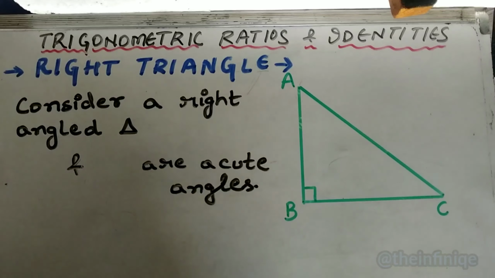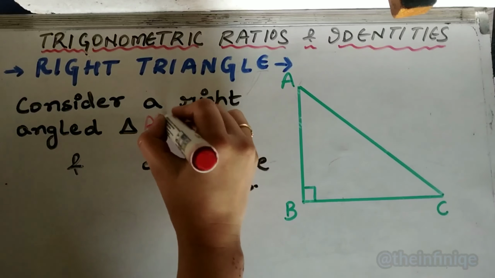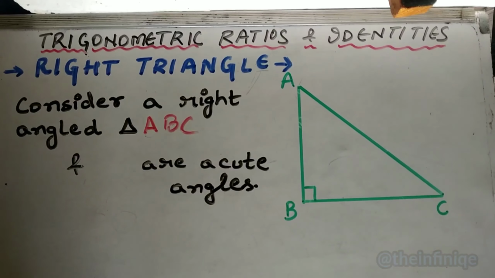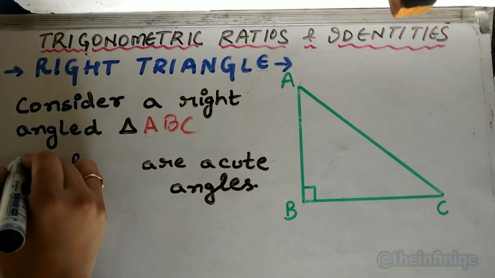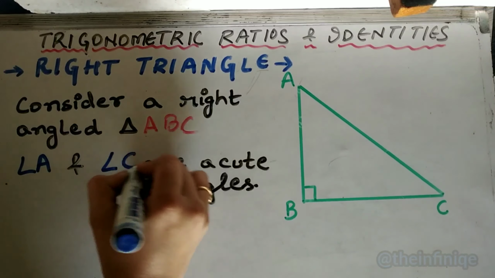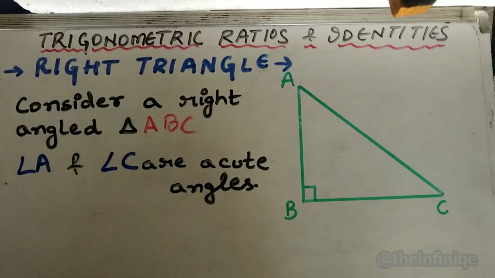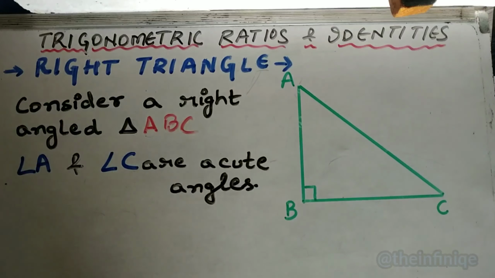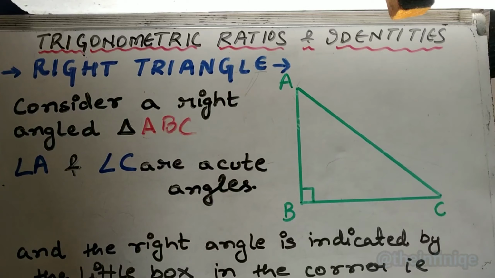Consider a right angle triangle ABC, where angle A and angle C are the acute angles, and acute angles are those angles which are less than 90 degrees.